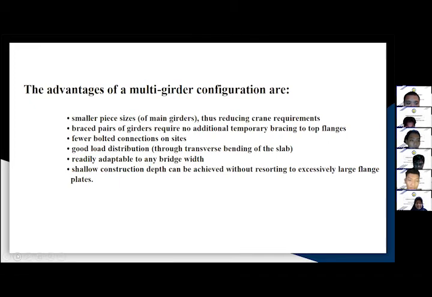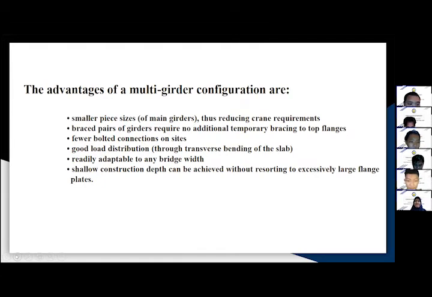The advantages of a multi-girder configuration are smaller piece size of main girders, thus reducing crane requirements. Braced pairs of girders require no additional temporary bracing to the top flange.